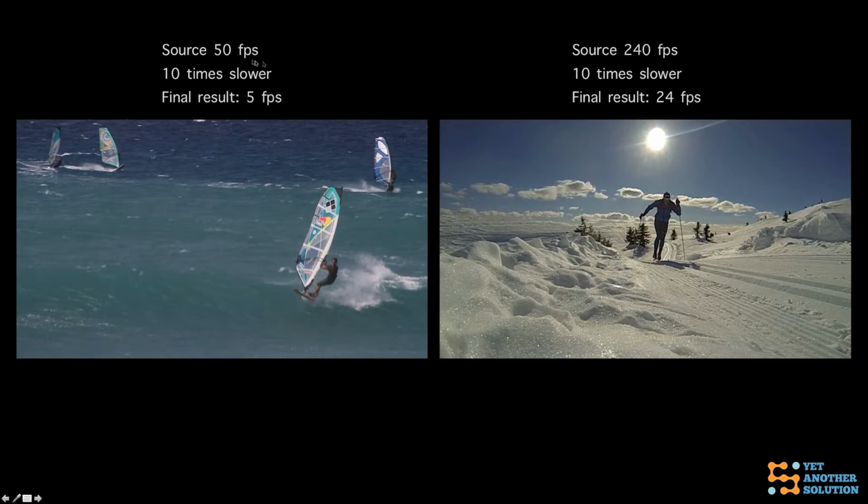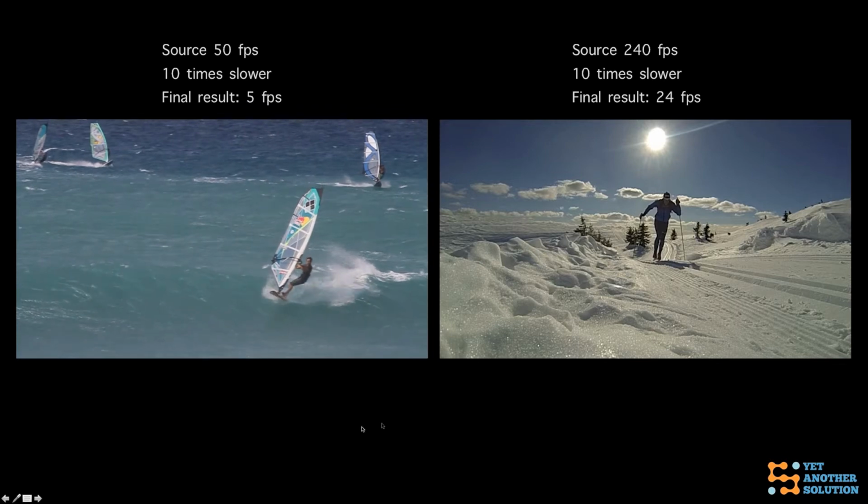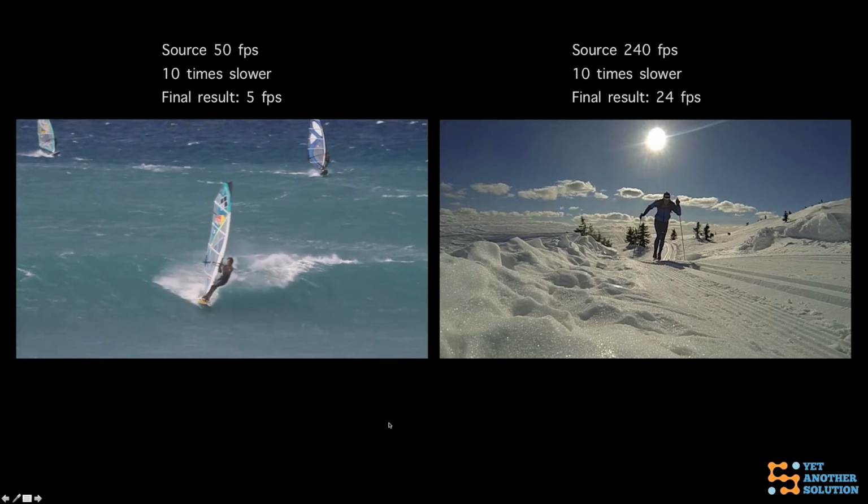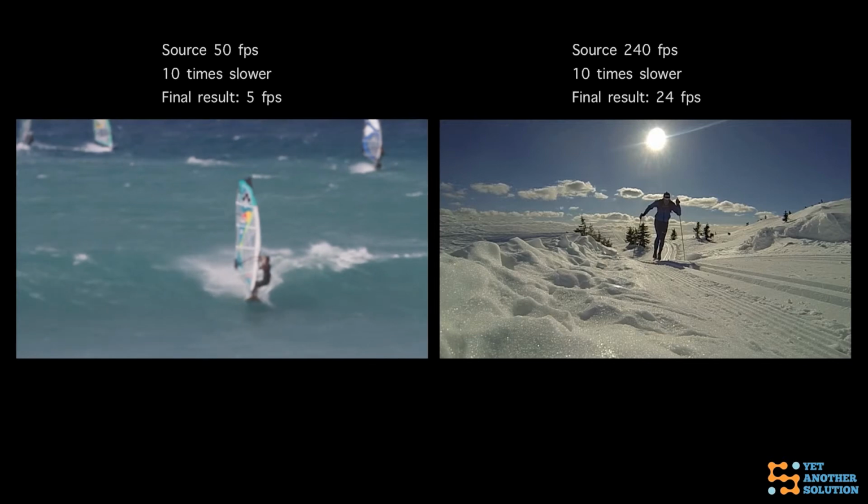If you imported for instance a 50 or 60 frames per second shot, it took away half of the frames, and then when you slowed it down, it wasn't real slow motion. So this is a more extreme way to show this kind of problem if you don't have enough frames per second. This is a 50 frames per second shot, and I've done it 10 times slower, and the final result is 5 frames per second. And as you can see here, this is a horrible slow motion.